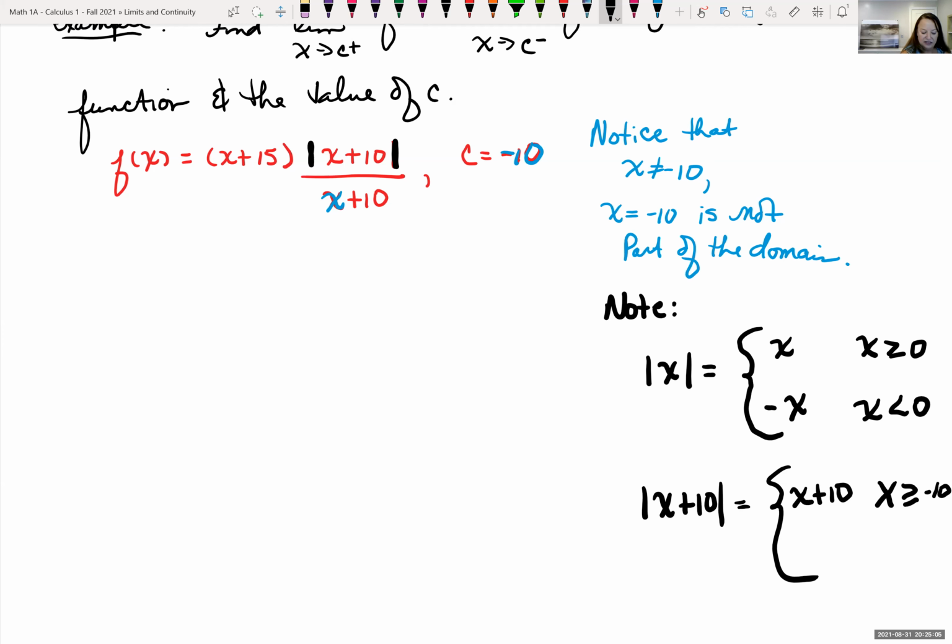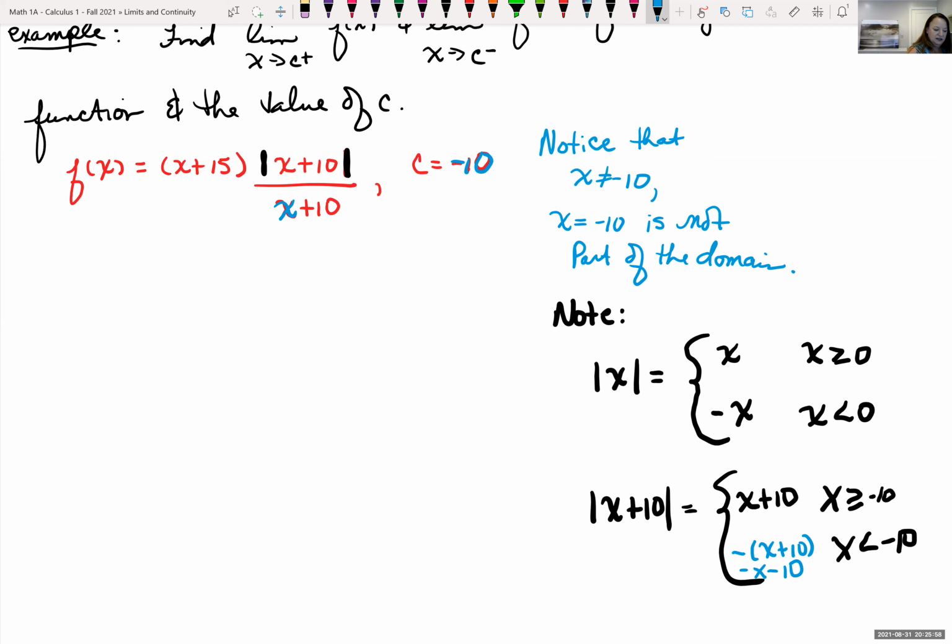And so technically what we're doing is taking the negative of x plus 10, or -x minus 10. Okay, so those are our two equations for just the absolute value.